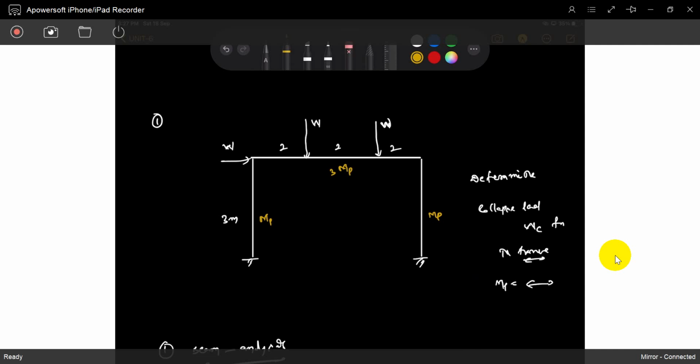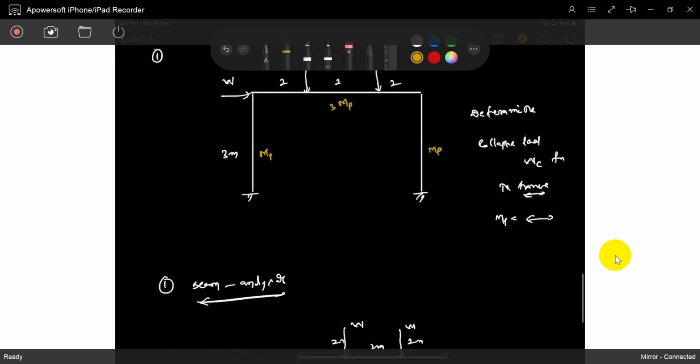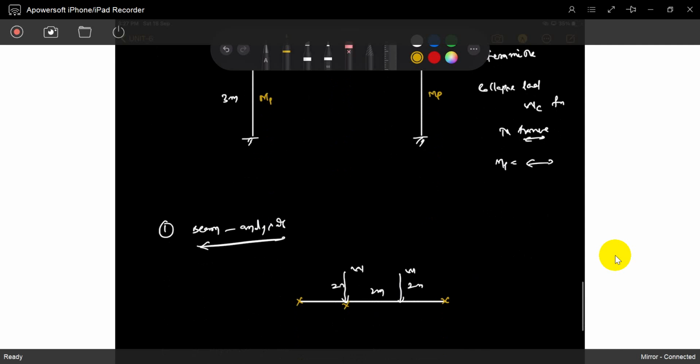That means if you check the hinge formed under this load, or the hinge formed under this load, you will get the same value. Understood? Because these two are the same loads and equally spaced from the supports. It's symmetrical, so you will get the same answer whether the hinge forms under this load or that load. So no need to check two times.